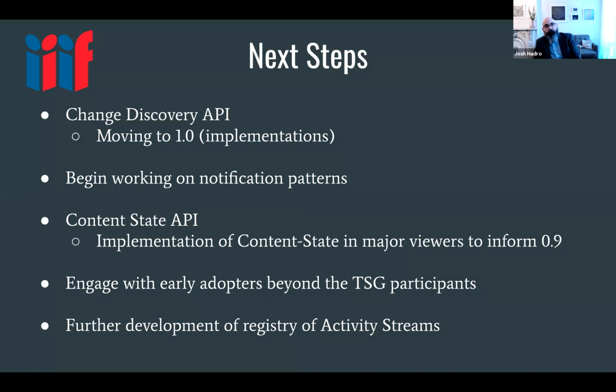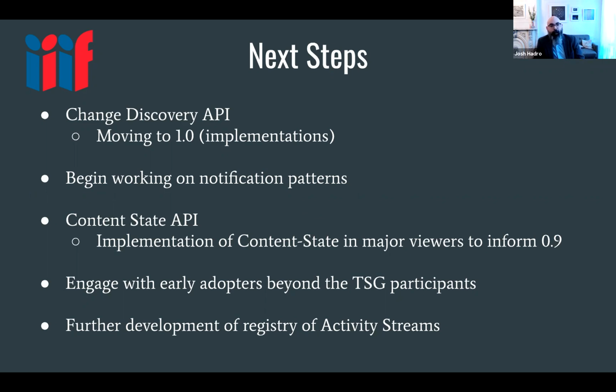And so the next steps here are making that last small step to 1.0 for the change discovery API. Notification patterns is kind of the last piece of the Discovery Charter, which would provide a mechanism for institutions and users to have some way to be notified of annotations or other changes connected to manifests and content there.